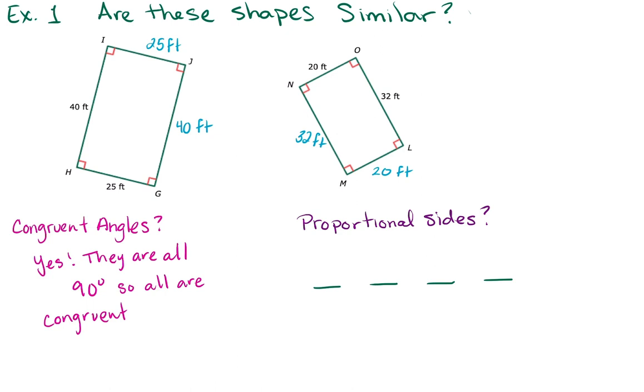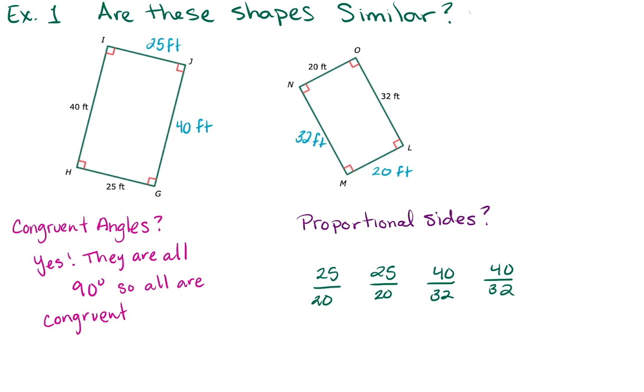And again, just like in the last video, I'm going to go smallest to largest, but we do have duplicates, so that's going to be fine. We're going to do 25, another 25, 40, and 40. Again, I'm using all the numbers from the same figure on the top. And then I'm going to go with 20, 20, 32, and 32.